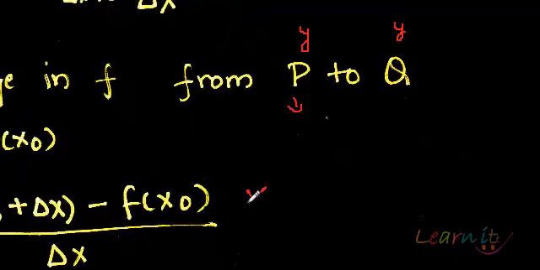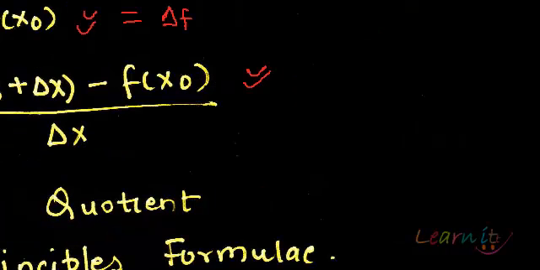So that will be f(x naught plus change in x) minus f(x naught). That will be the complete change in f, right? So m, the slope of the tangent, is the limit as the change in x goes to 0, okay? Q turns into P, and instead of cutting as a secant at 2 points, it will just touch the curve at P. So [f(x naught plus change in x) minus f(x naught)] upon change in x would essentially be the slope of the tangent.